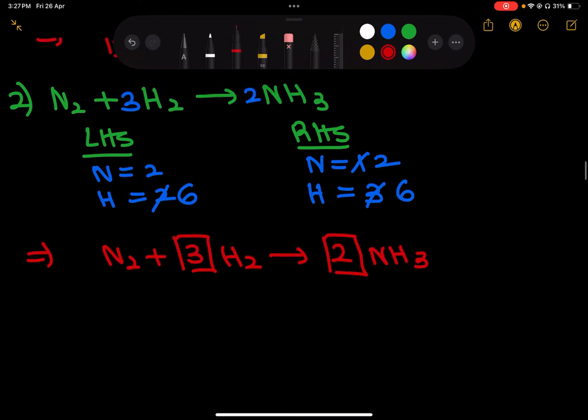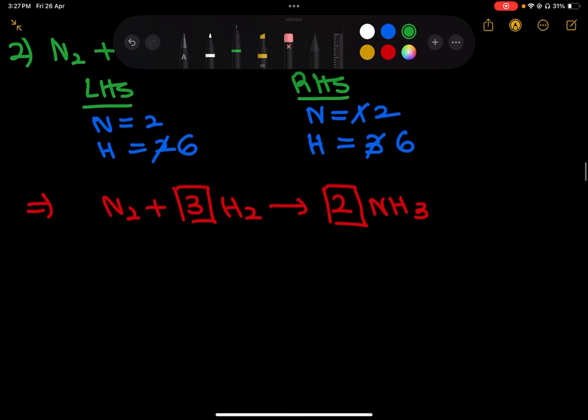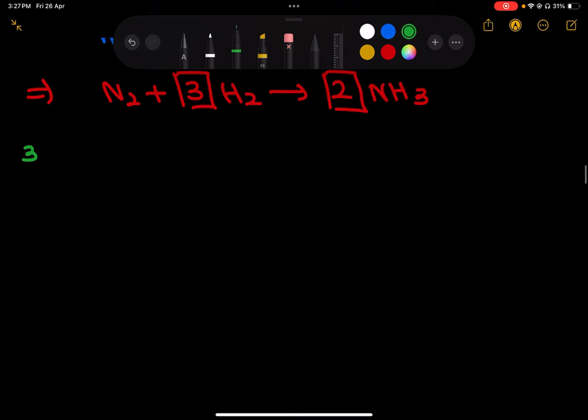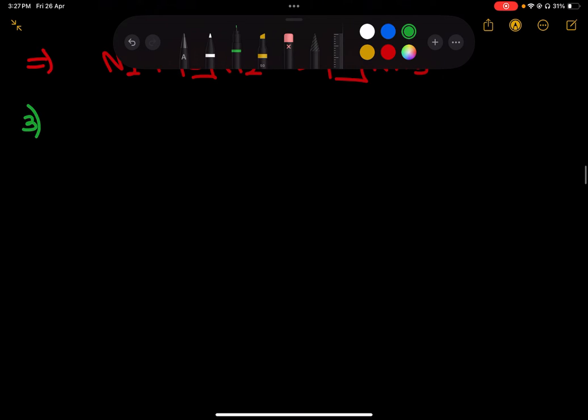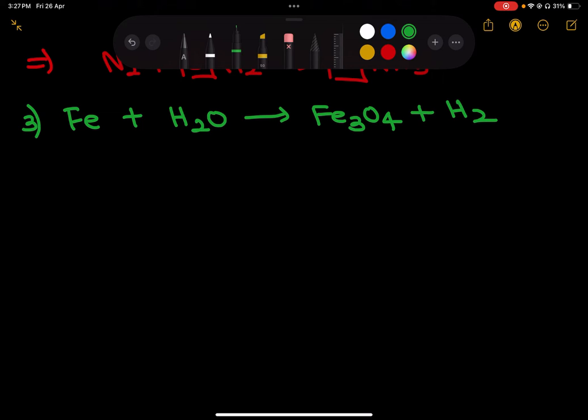Okay, let's move on. The third one is Fe plus H2O gives Fe3O4 plus H2. Okay, so again we write LHS and RHS.